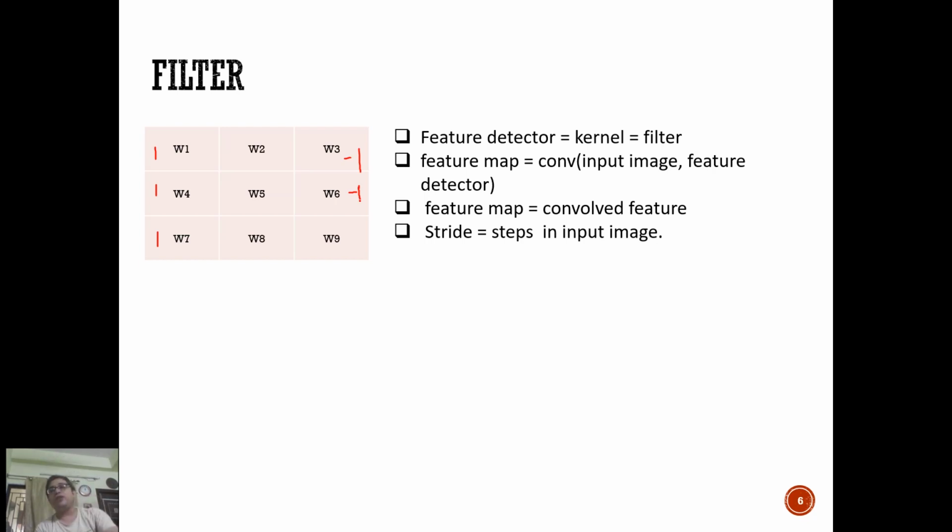These filters are also called kernels, also called feature detectors. And when a feature detector is applied on an input image, you get a feature map. So if you have multiple filters, you will get multiple feature maps, right? So you had one image as an input, but your number of images was getting exploded because of the number of filters or kernels that were getting used, right? And stride is your steps in the input image, which we have already discussed.